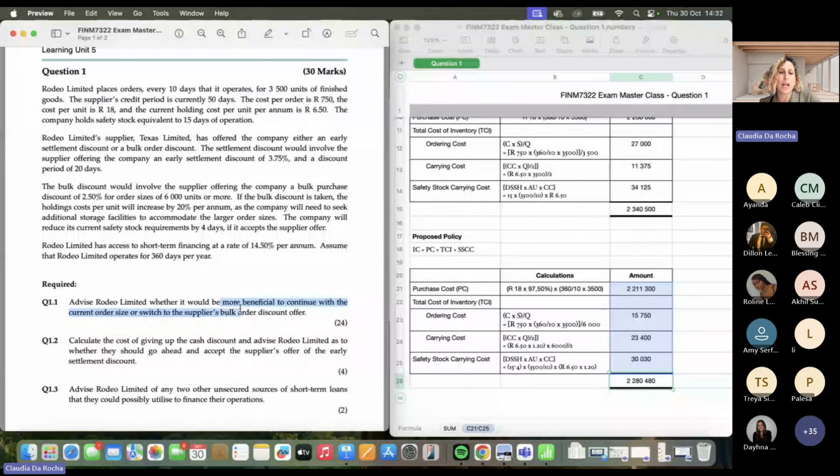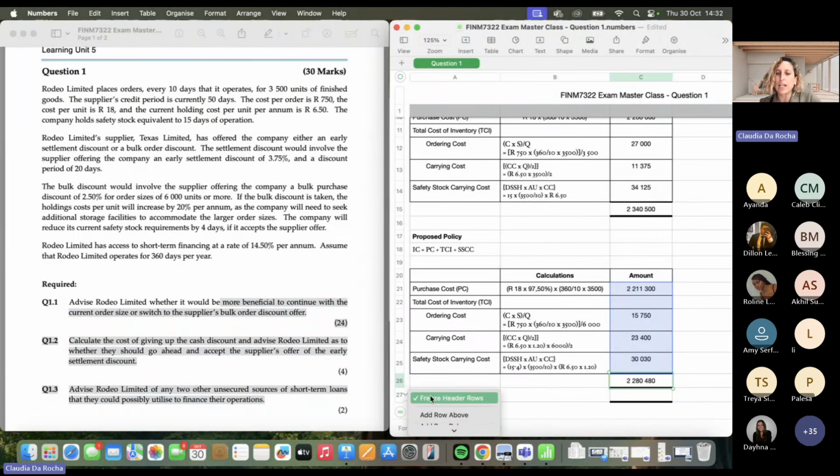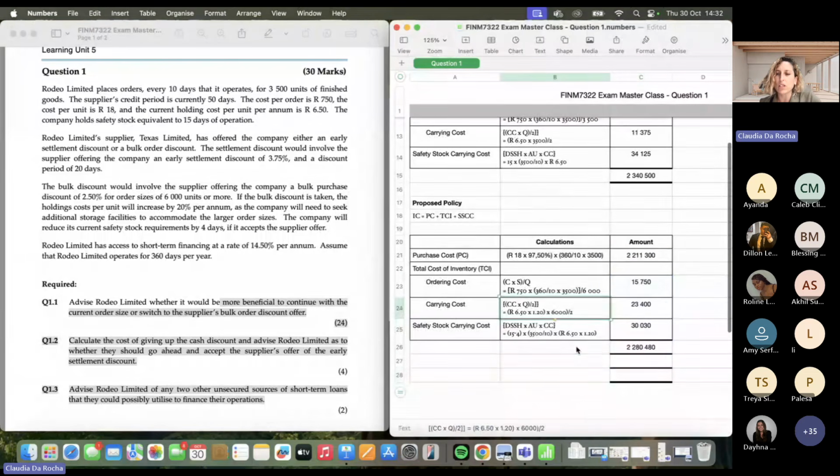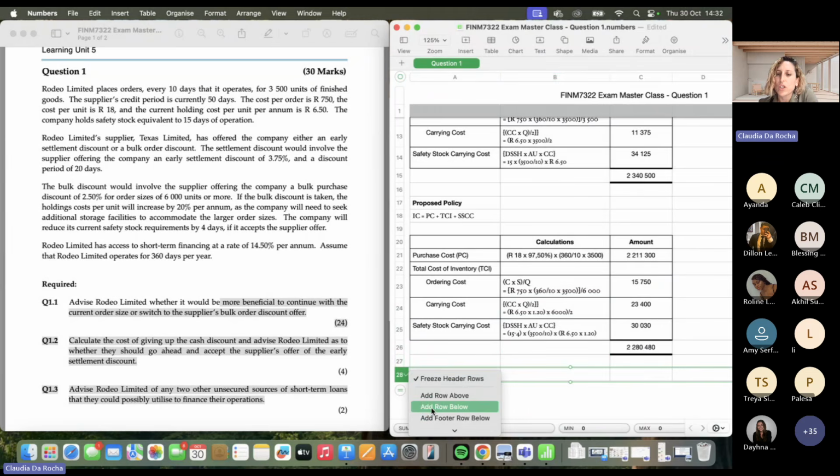So to answer the question, they're asking whether it would be more beneficial to continue with the current order size or the supplier's bulk order discount. We have to base it on these two answers because we are calculating inventory cost. We need to take the lowest of the two. It's just our recommendation.